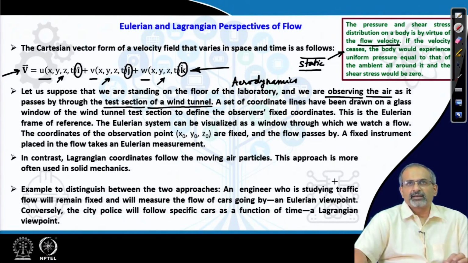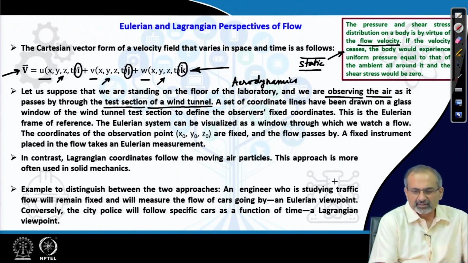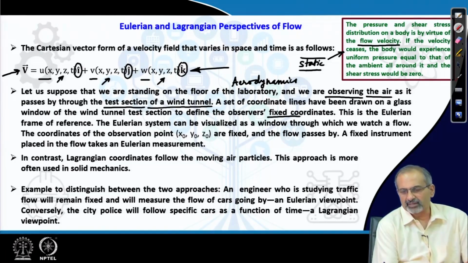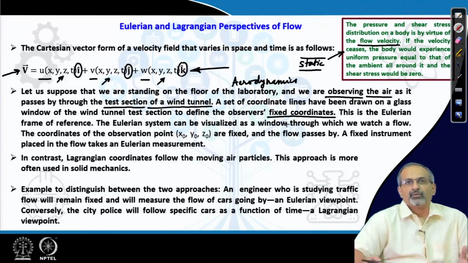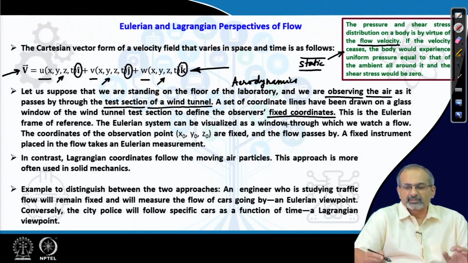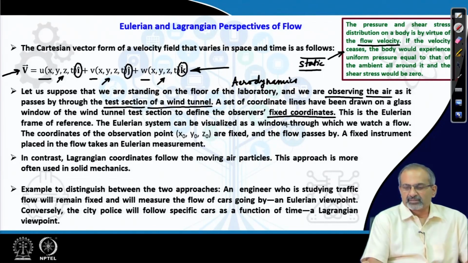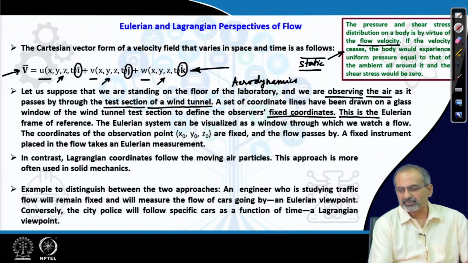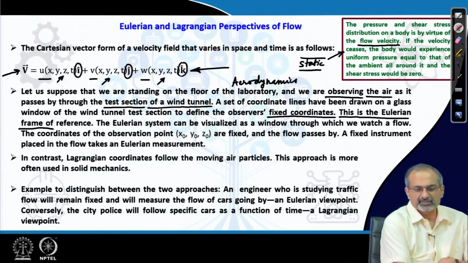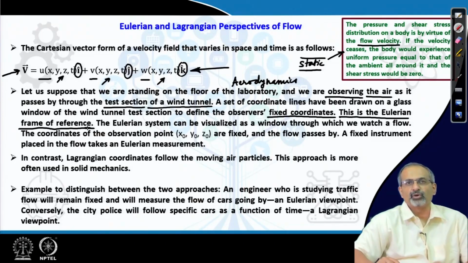A set of coordinate lines have been drawn on the glass window of the wind tunnel test section to define the observer's fixed coordinates. So, when we are the observers, we have our own coordinates that are fixed. This is the Eulerian frame of reference. That means, we as fixed observers are observing the flow going past us. The Eulerian system can be visualized as a window through which we watch a flow, right.